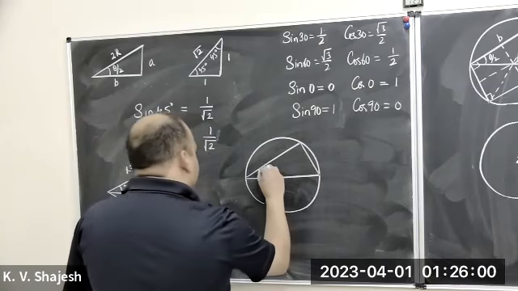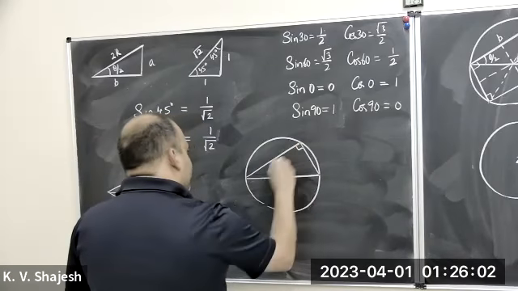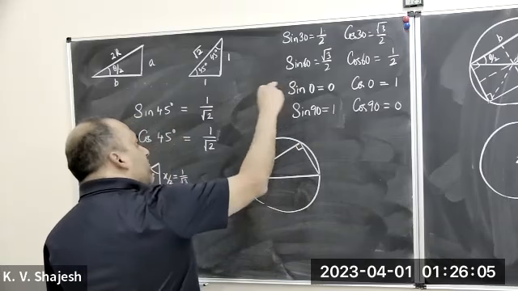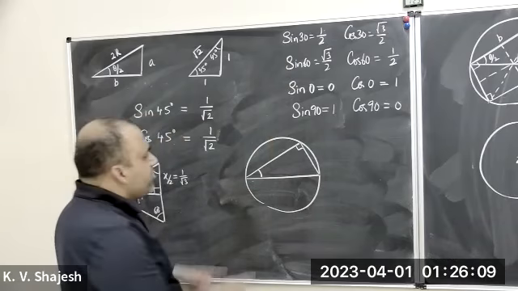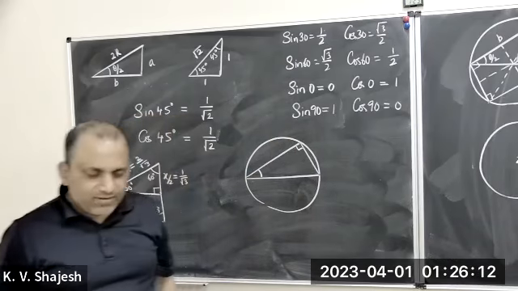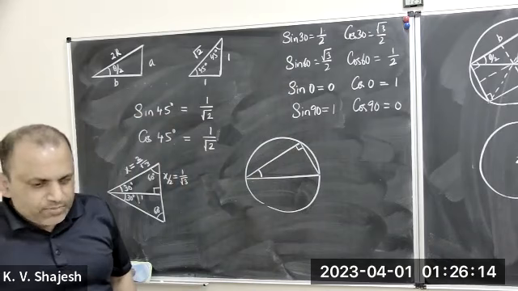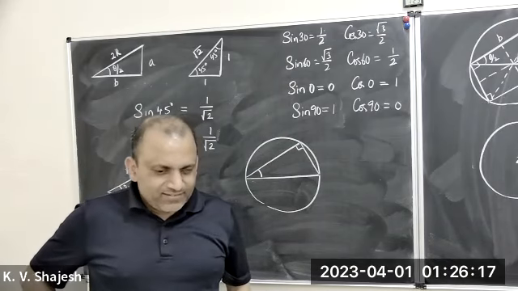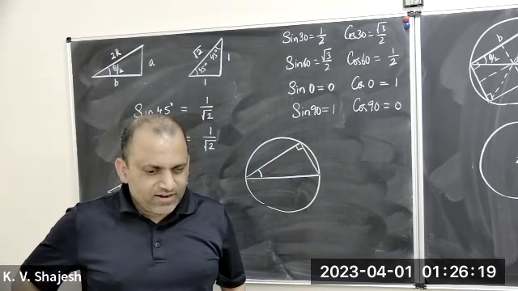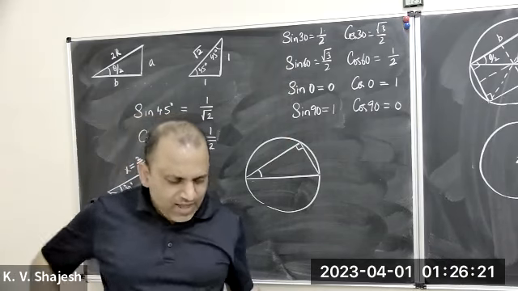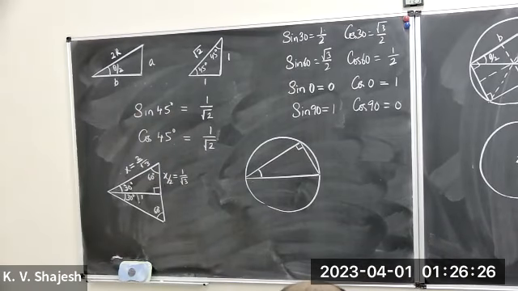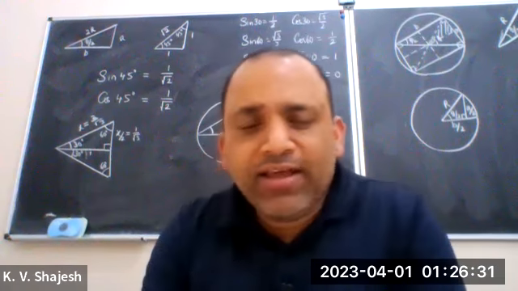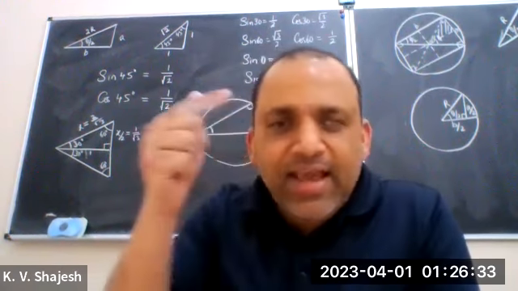So can you think of any other angle, other than 0, 30, 60, 45, and 90, for which you can actually calculate this number? Okay, is the problem clear? Is the question clear? Just think about it, and I'll come back and give you a sophisticated answer to this, which will allow us to calculate for any angle.